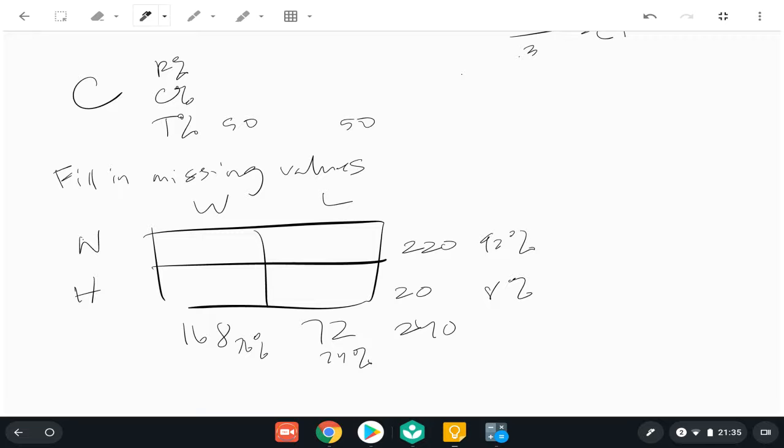Okay, so if the relative frequency for the columns, if the total is 72, and this is 92% chance of being in a lose, then the number is 72 times 0.92, right?